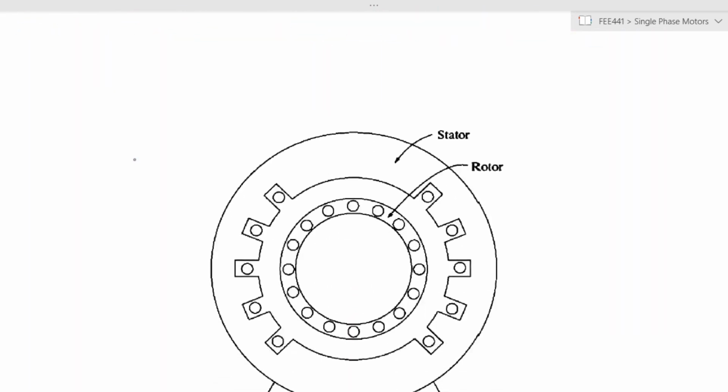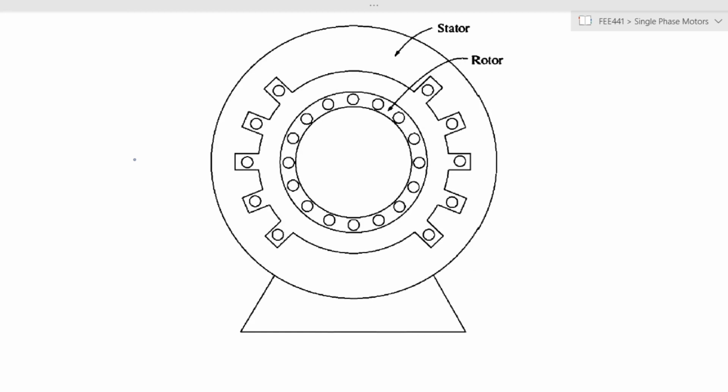If we now look at the cross-section of a single-phase induction motor, you find that it will only have one set of windings. Even if you have two poles, you would still have the same supply being given to the motor. So for example, you would have an input there and an output being taken out from there.